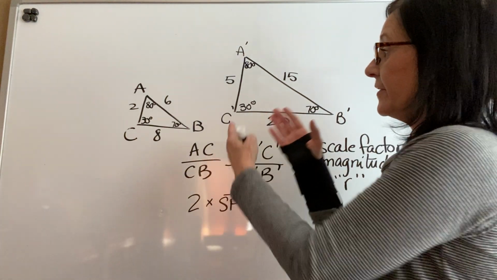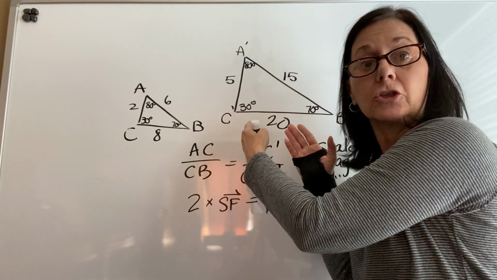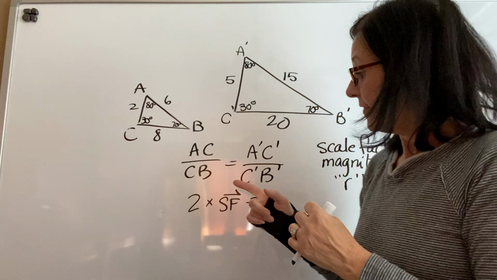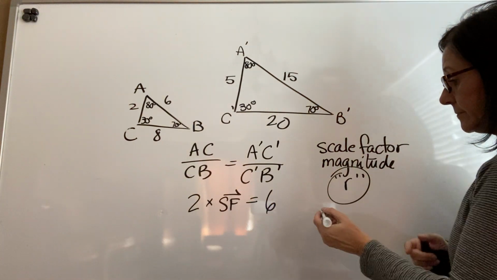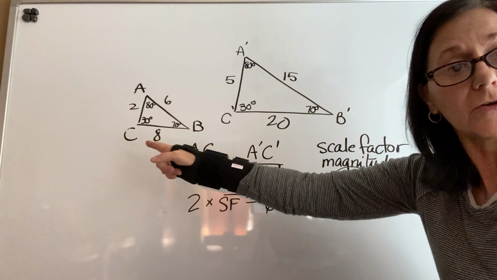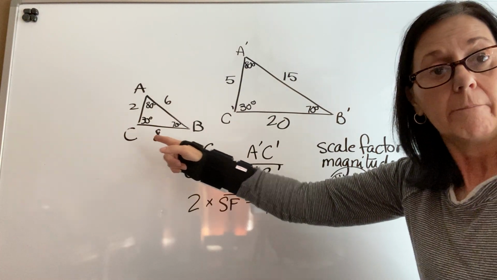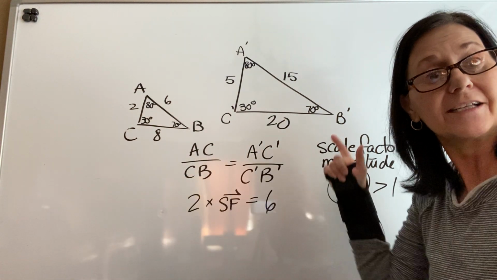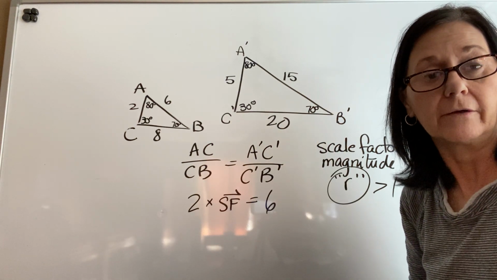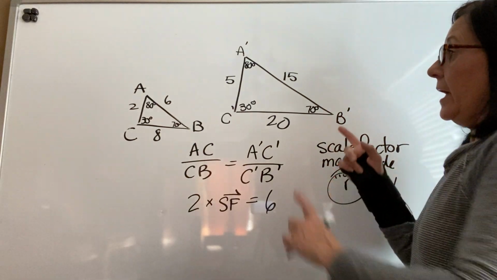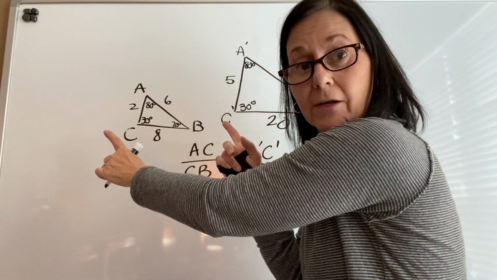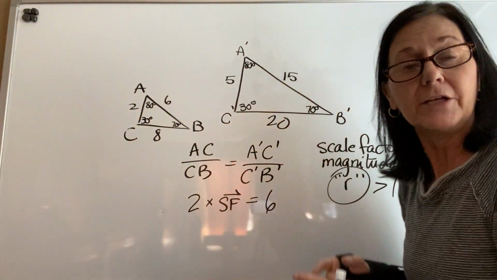So if the second one is larger than the first one, scale-wise, then this ratio is going to be greater than 1, because I'm going to have to be multiplying that smaller side by a value greater than 1 to get to the larger side, the larger triangle, all right? Now, if I were going from the larger triangle to the smaller triangle, then my ratio is going to be a fraction.